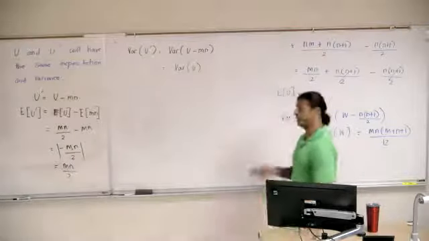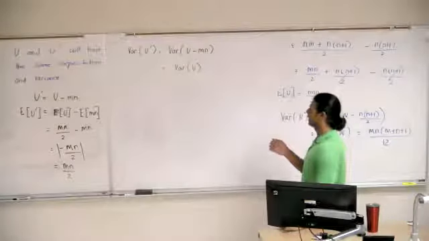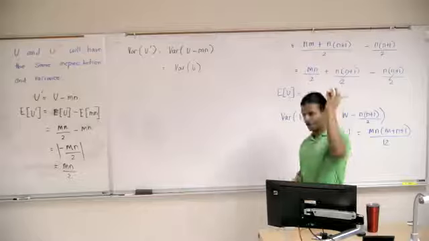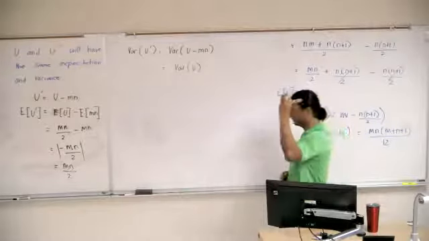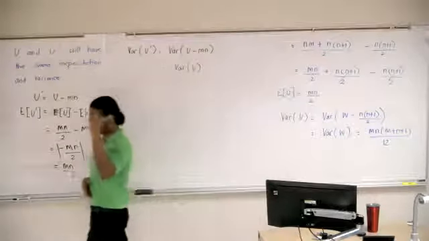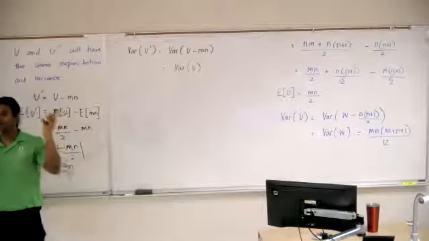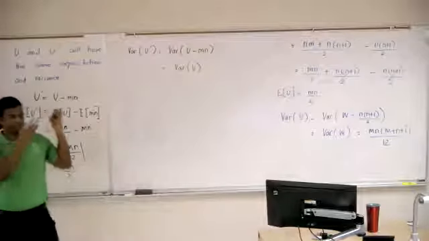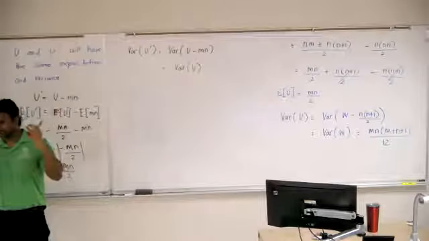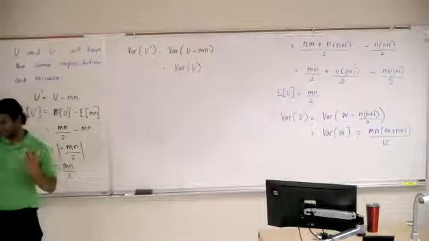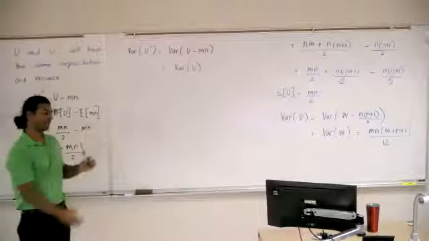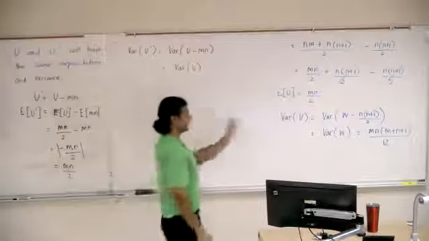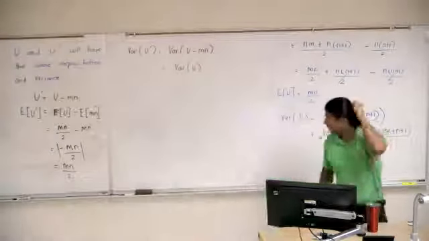One may ask, well, why should it be all the way up to Mn? Because you have n observations for x, n observations for y. When you find phi of xi, yi, it's a cross product of m times n possibilities. So the maximum value has to be m times n.